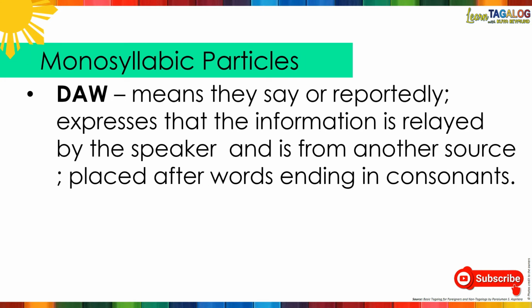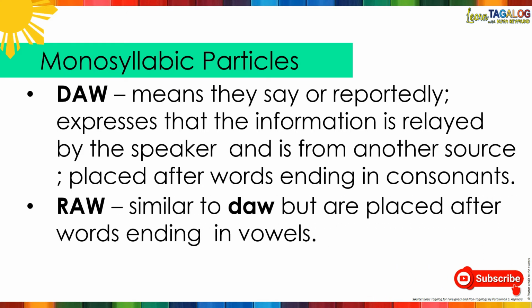We also have the following monosyllabic particles. We have the particle daw, which means they say or reportedly, and expresses that the information is relayed by the speaker and is from another source, and it is also placed after words ending in consonants. That is for our particle daw.